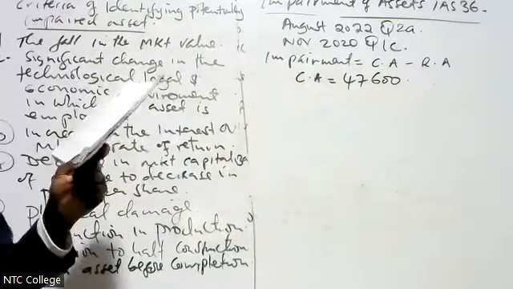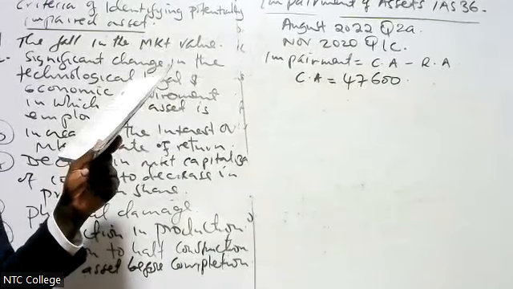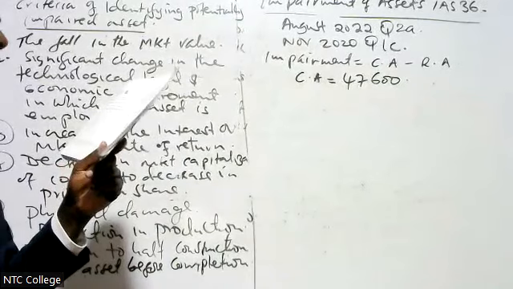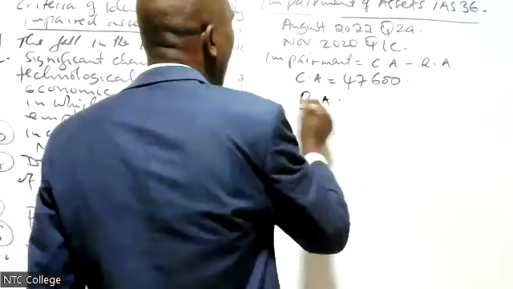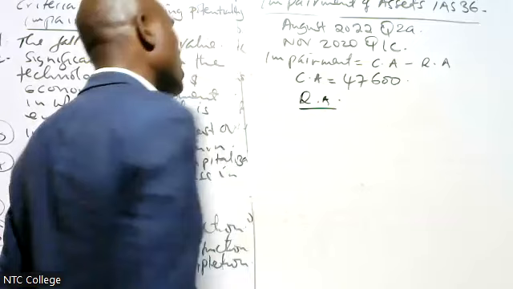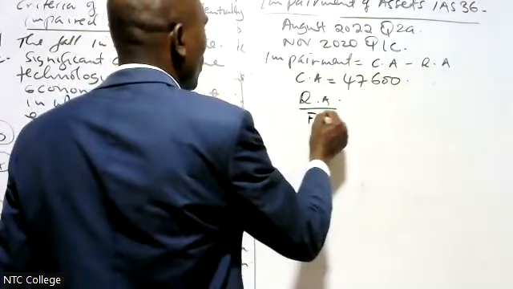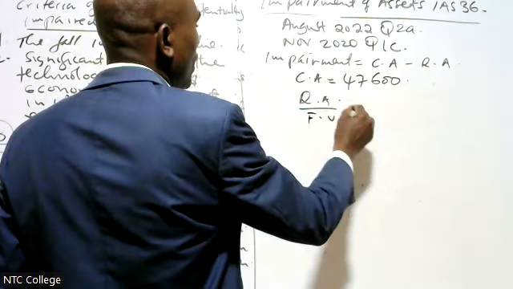Then also in note number 1, the examiner is saying an impairment review revealed net selling price of 19,200 and value in use of 1,200 for the factory. Therefore, I come to the recoverable amount. Now, the examiner is also giving me the recoverable amount there. What is the fair value? The fair value equals 19,200.